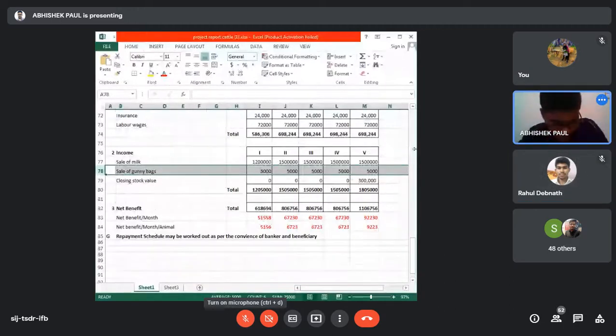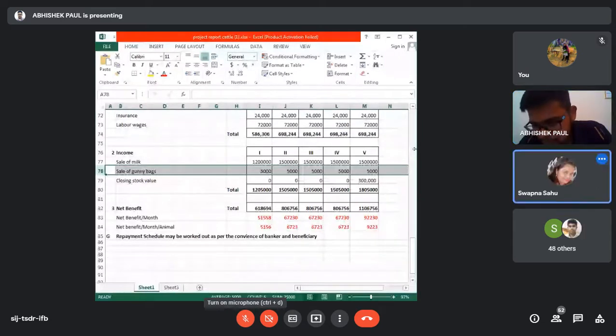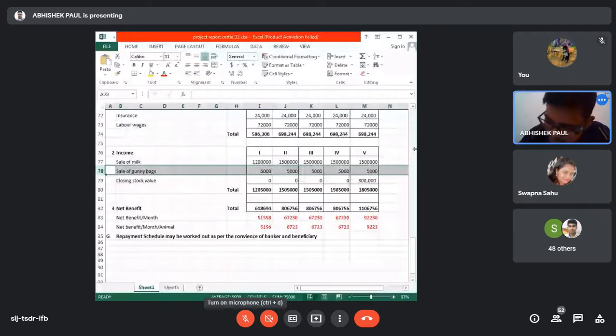Suppose total dry and wet, how much concentrate is required to feed the cow? 8 kg. 8 kg to the milked cow, isn't it? Yes, sir. Dry cow, 2 kg. Okay, so how much milk days in the first year?